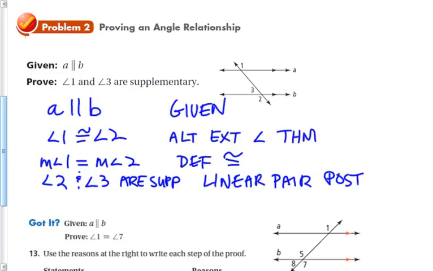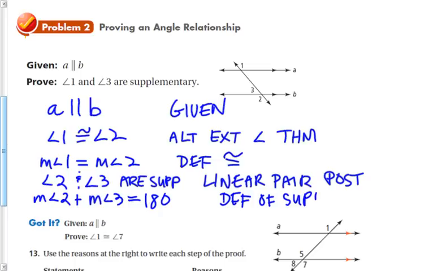Since they're supplementary, the measure of angle 2 plus the measure of angle 3 will equal 180, and that's the definition of supplementary. And then we can say the measure of angle 1 plus the measure of angle 3 is equal to 180, and that's substitution.